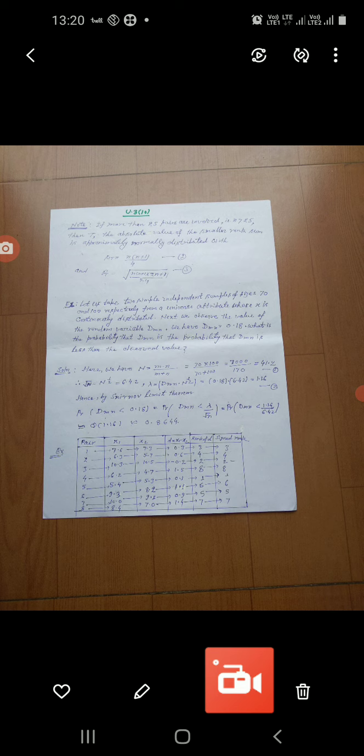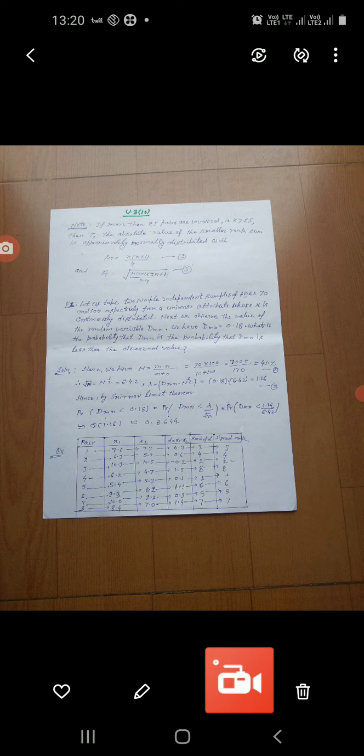You will find its value equivalent to Q of 1.16, and its value is equal to 0.8644.